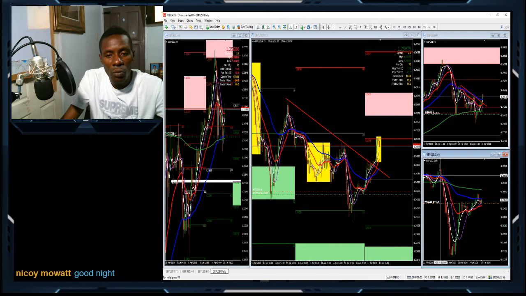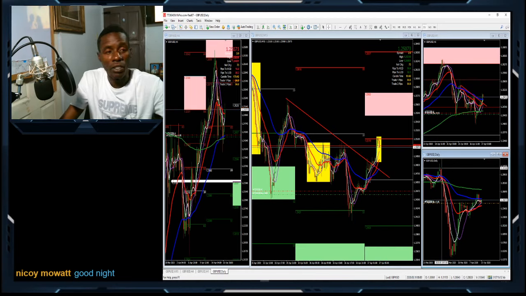So chances are we might come back and test this 130 area, right? But first, we'd have to definitely get past 1.27 before we can think about this next area of interest, right?